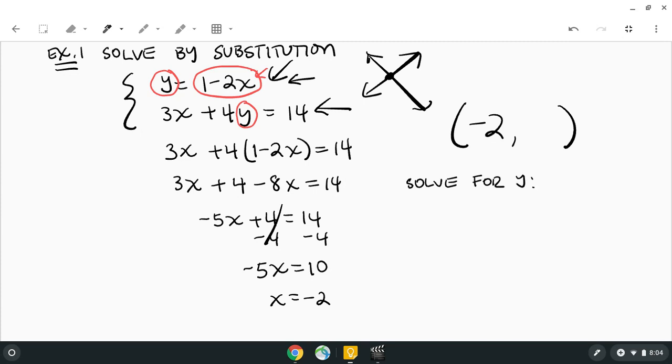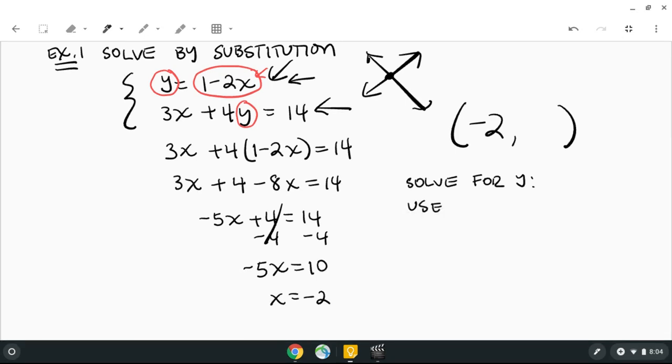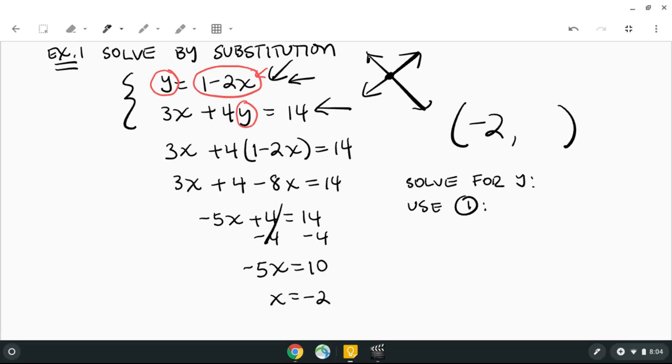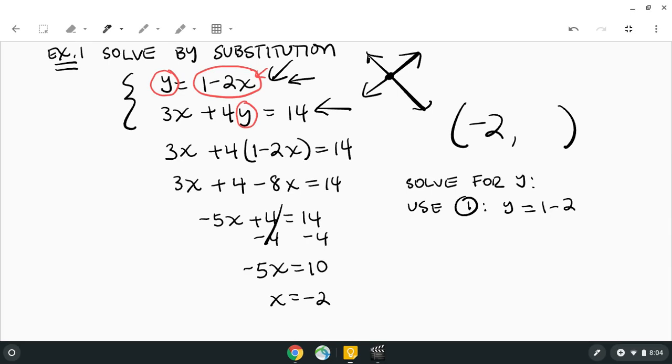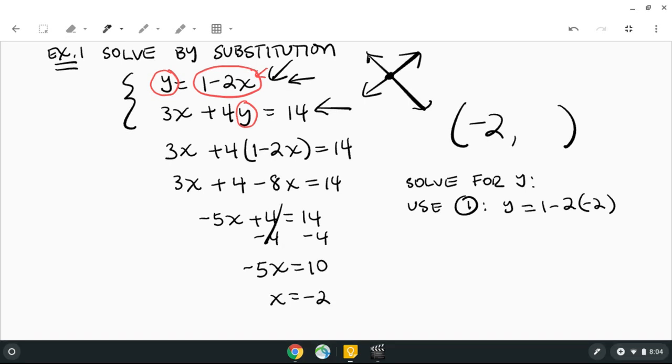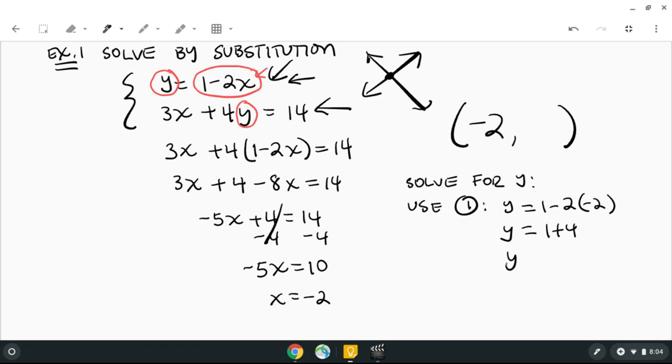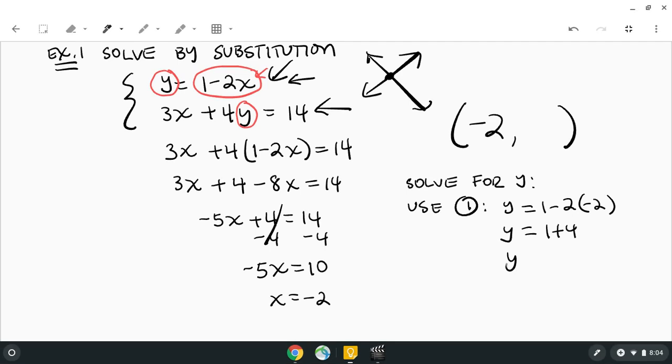I don't know what y is, so I'm going to leave it as y equals 1 minus 2 times x, but I do know what x is. X is -2. So y equals 1 plus 4, so y equals 5.